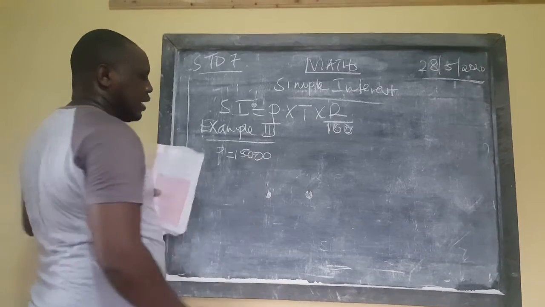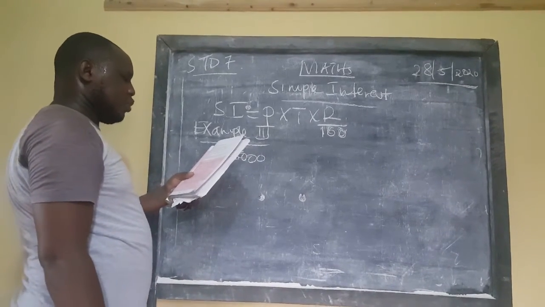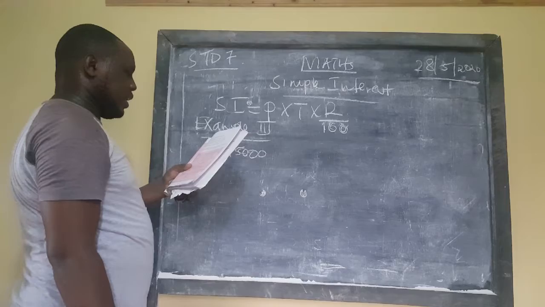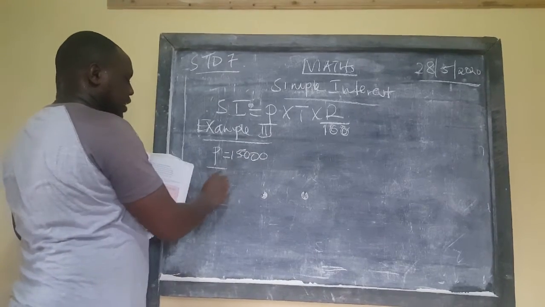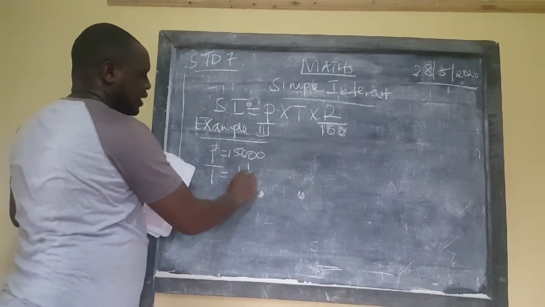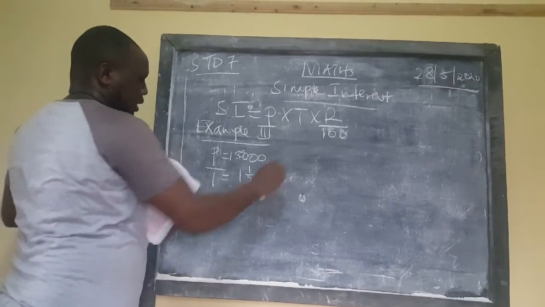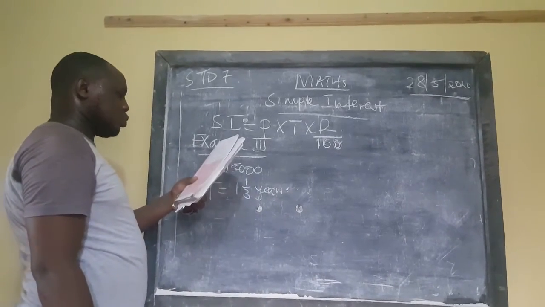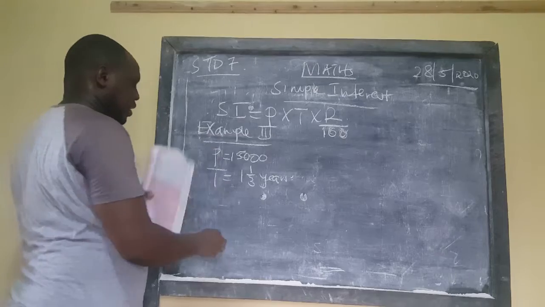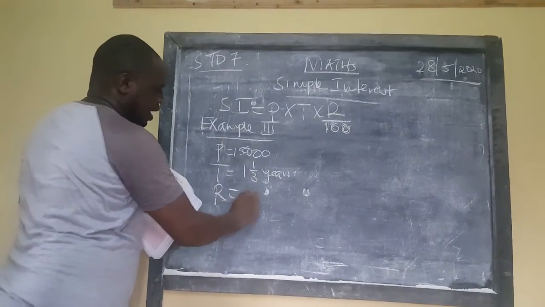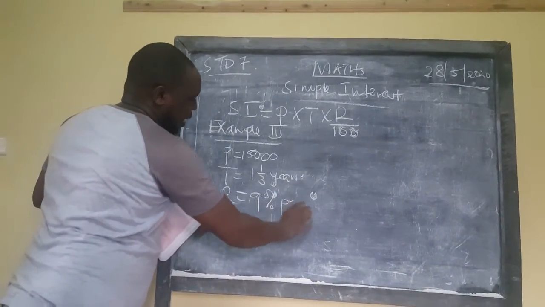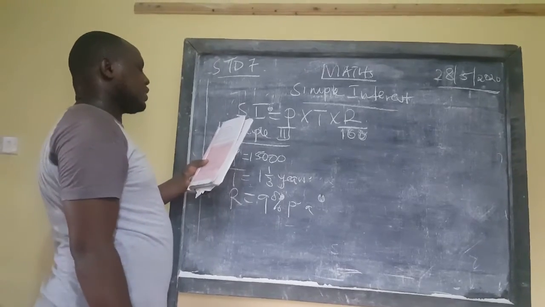So that 15,000 was the principal, and it was borrowed for 1.5 years. So time is 1.5 years, and the rate was 9% per annum. And the question is, find the simple interest.